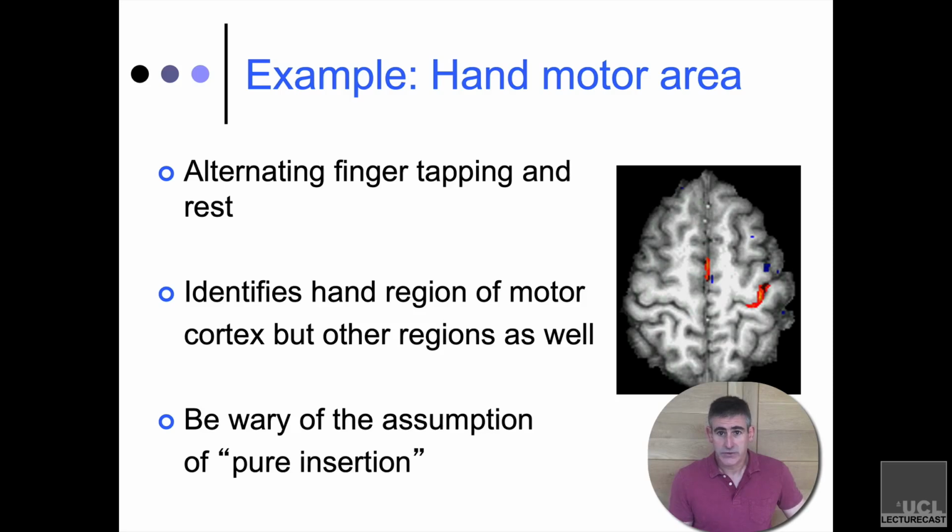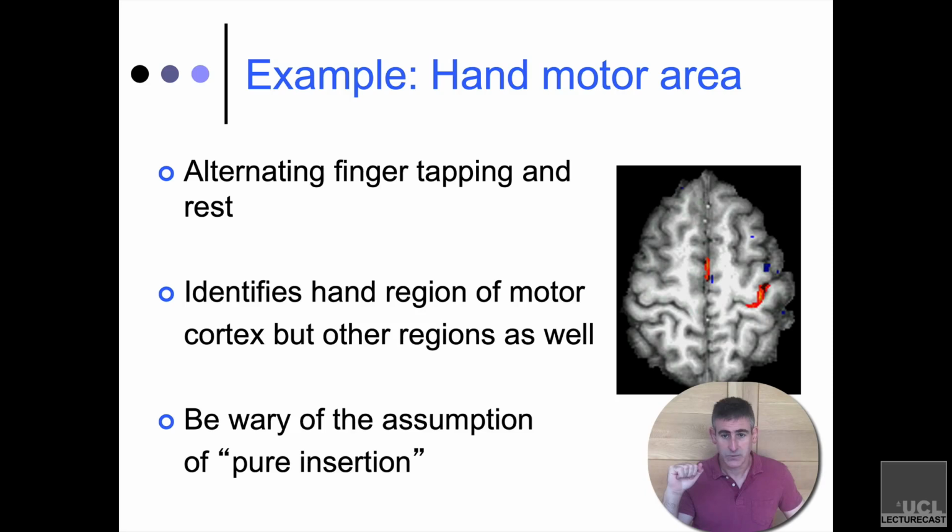The traditional example is the one that I talked about from the beginning with Peter Bandettini with this hand motor area. The idea here is that you're doing a sort of tapping that clearly involves the motor aspect of moving my hand and therefore includes primary motor cortex. When I'm not doing anything, there's no primary motor cortex involved. So the activation task is finger tapping.